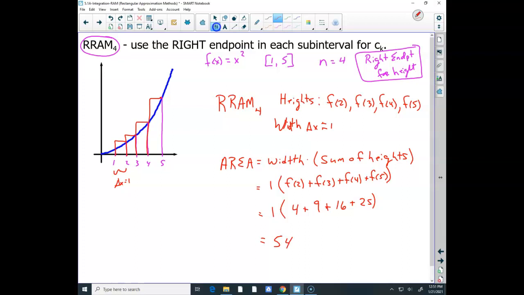So my right RAM of 4 equals 54 this time.